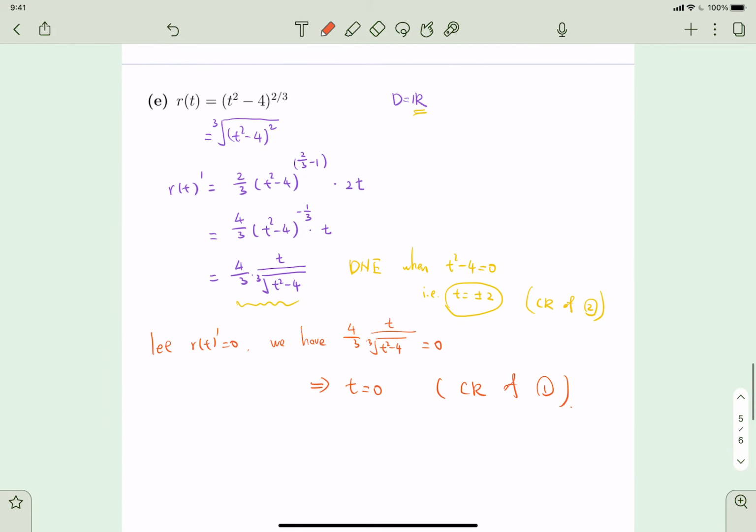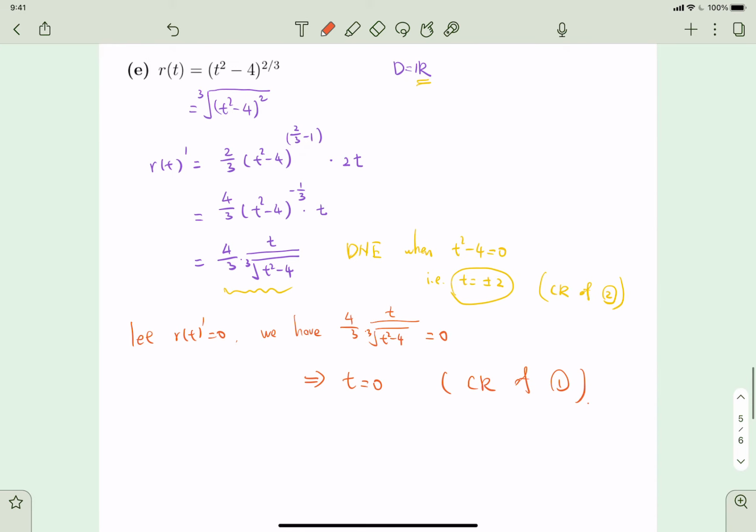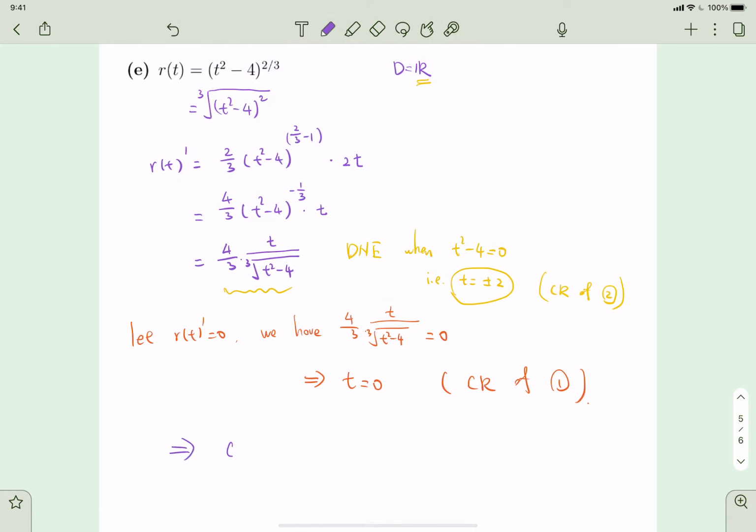Okay, derivative being 0. Just notice that denominator cannot be 0. So we have had the critical numbers of the first type and the second type. So all the critical numbers here are negative 2, 0, and positive 2.